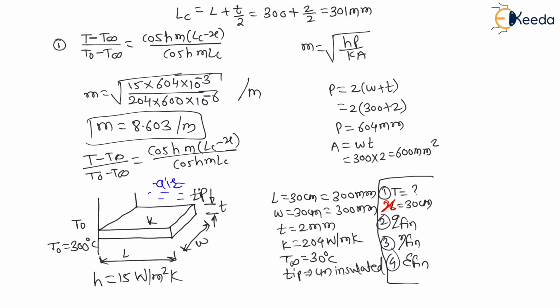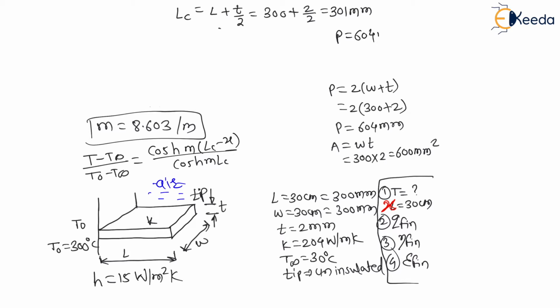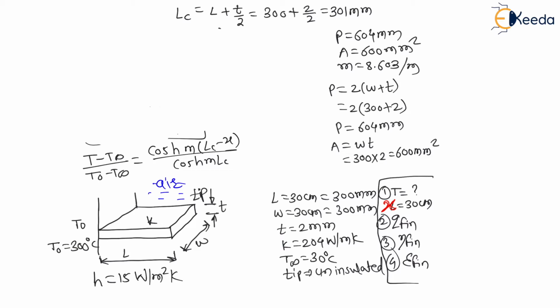Here I am going to erase this so that we will get sufficient space. Lc we have calculated, m we have calculated. Here again I am going to write m. The perimeter is 604 mm, area is 600 mm square, and m is 8.603 per meter.